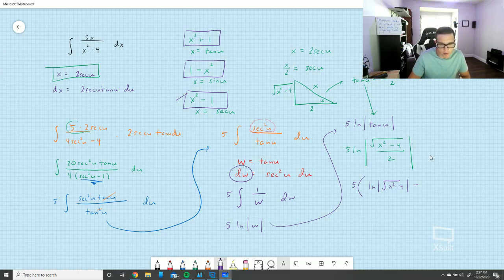But actually, I'm going to do one thing real quick, because what do I want to do? Don't want to do it that way. I want to do it this way. Back up. Other thing I can do real quick. Change my mind. Let's do this. I'm going to write this as natural log of x squared minus 4 all over the square root of 4, which is 2.